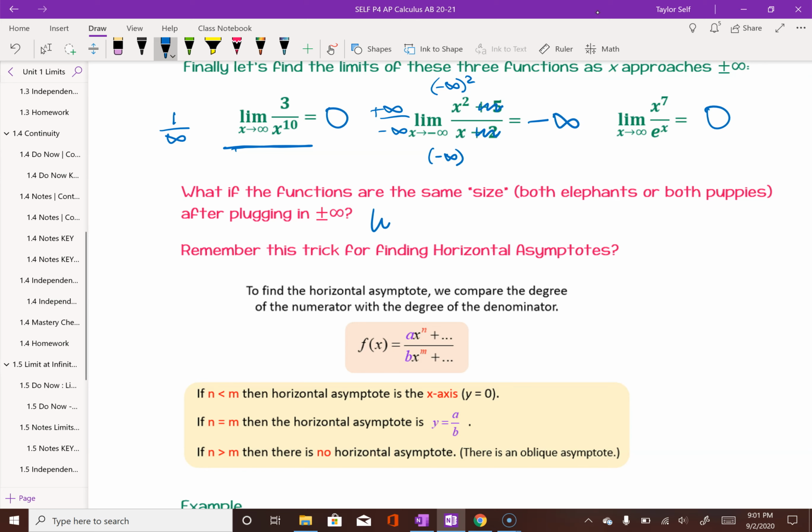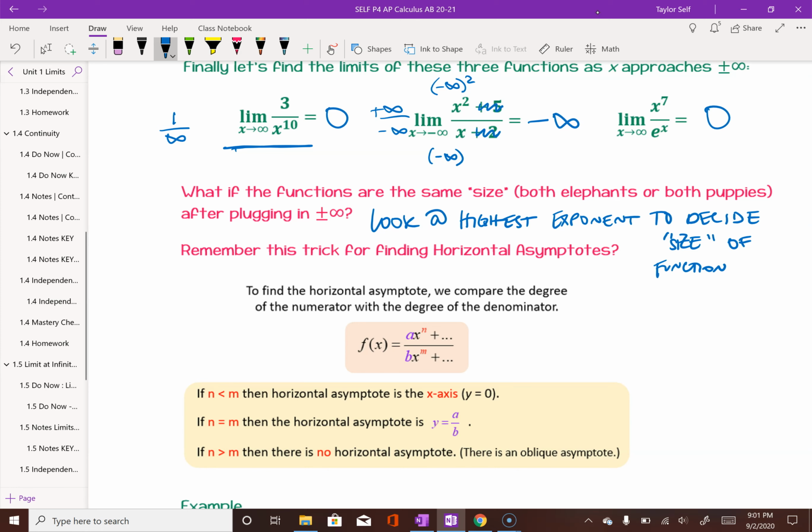Make a note of this: highest exponent to decide the size of the function. So if they're the same size, they have the same exponent.